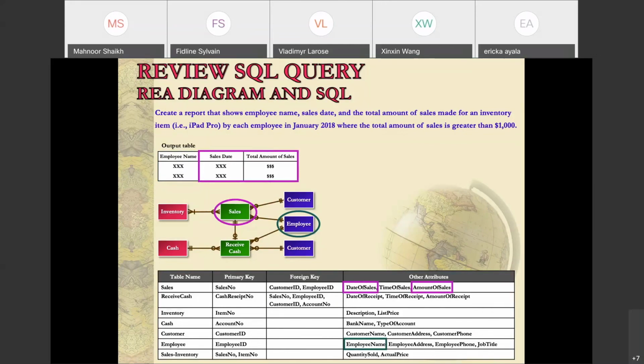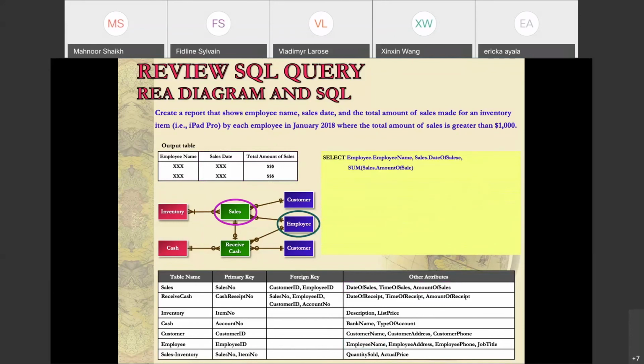So first thing we start with is SELECT: employee.employee name, sales.date of sales, and then the sum of the amount of sales. This is the output we're looking for, so we select the output first.